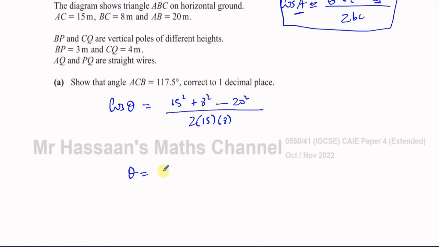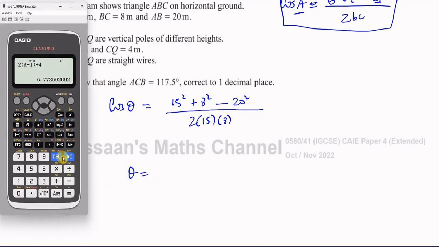You can say theta is equal to, making sure your calculator is in degree mode, which it is, inverse cosine of all of this: 15 squared plus 8 squared minus 20 squared, over 2 times 15 times 8.